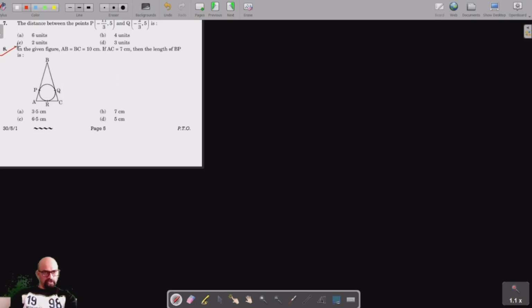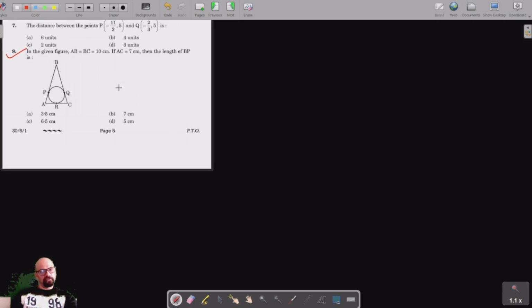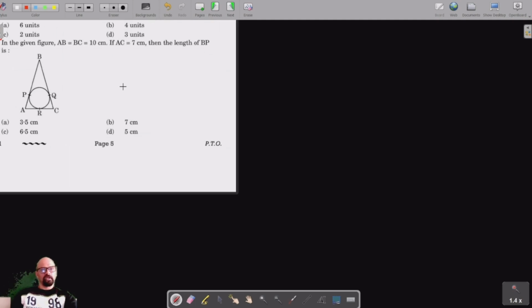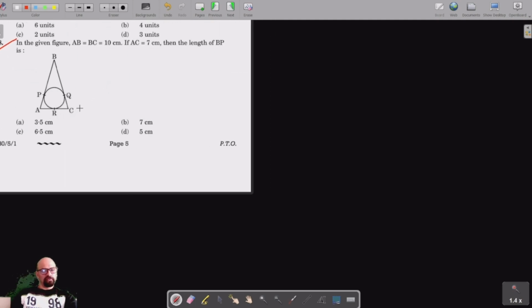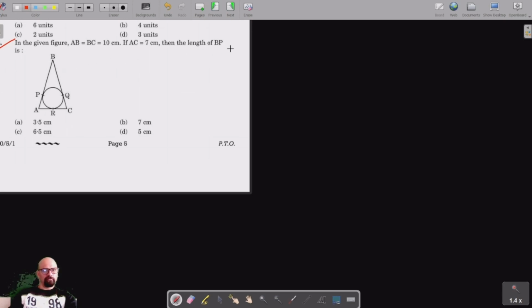And for question number 8, it's given in the figure that AB is equal to BC is equal to 10 centimeter and AC is 7 centimeter. We have to find the length of BP. So we are on question number 8, and let's try to get a rough sketch of this.